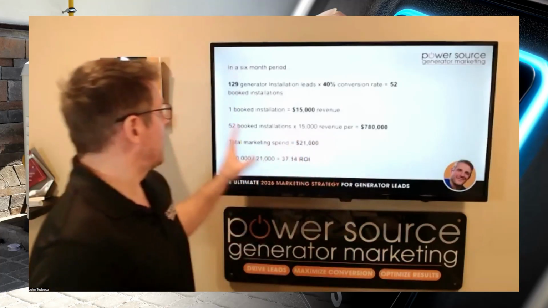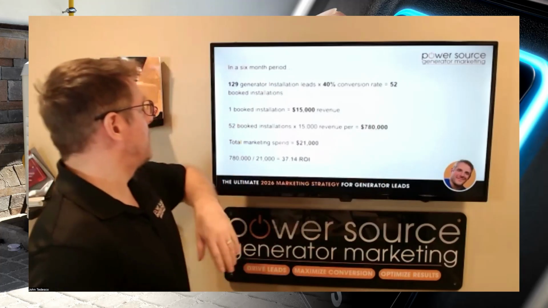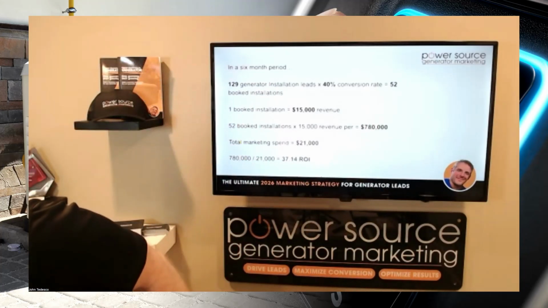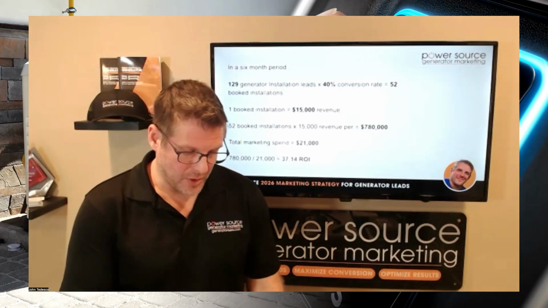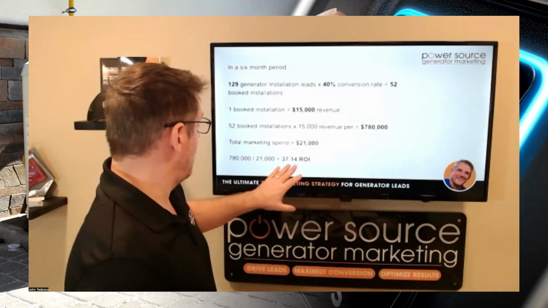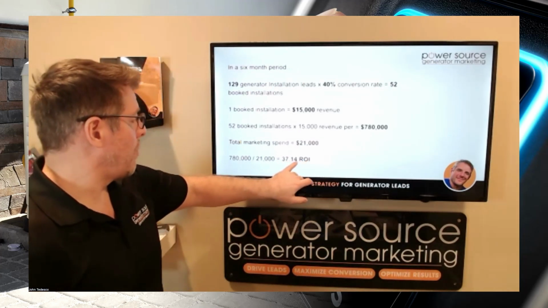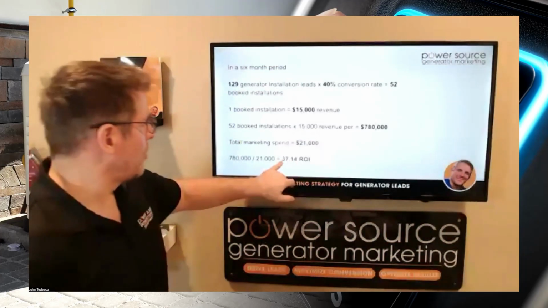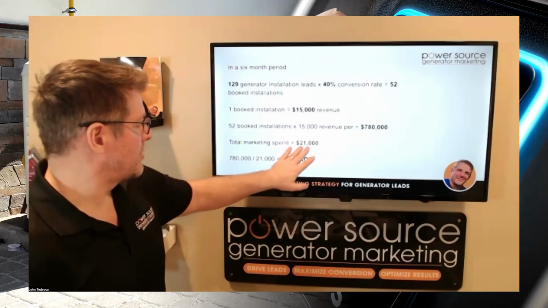And in a 6-month period, you have 129 generated installation leads at 40% conversion, 52 booked installations. And just know all of this stuff as you go, and have this, your ROI, your return on investment, 37.14. That's your X. So on your spend, multiply the spend, and that's what your marketing spend is, 21 grand.